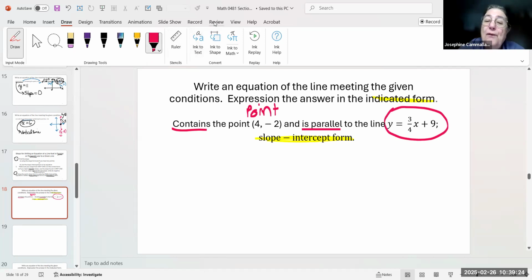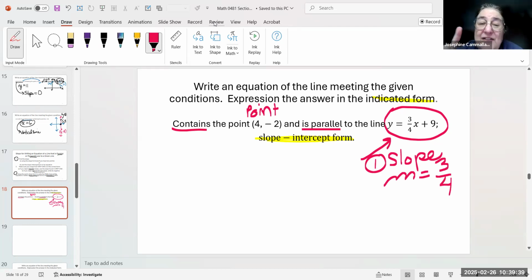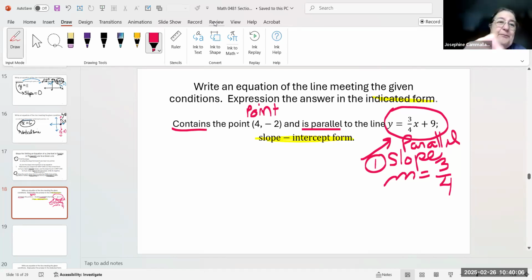Okay, first off, what is the slope? Well, the slope is 3/4. We're given an equation. Now, this is my parallel slope because I want same slopes in two lines. I have one line. This line has a slope of 3/4.